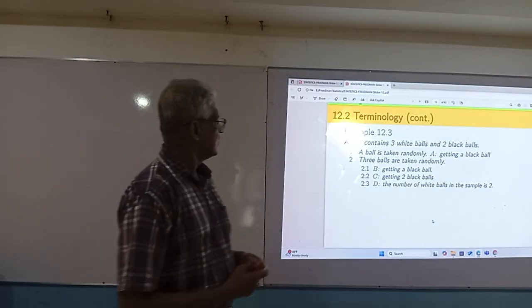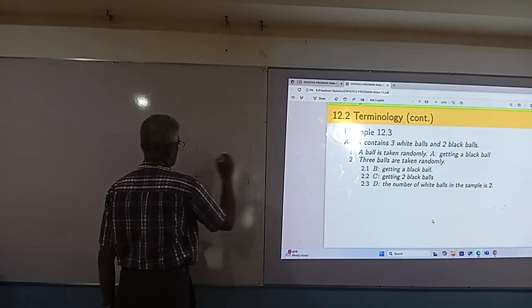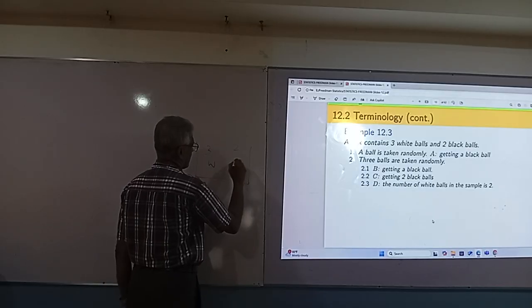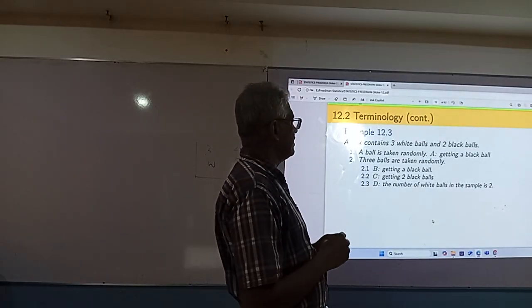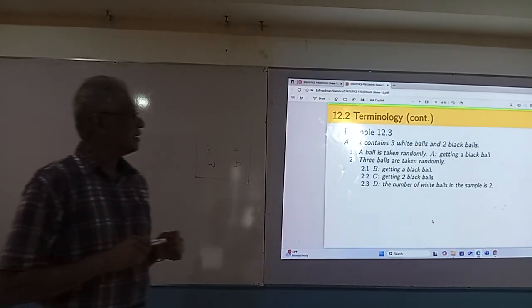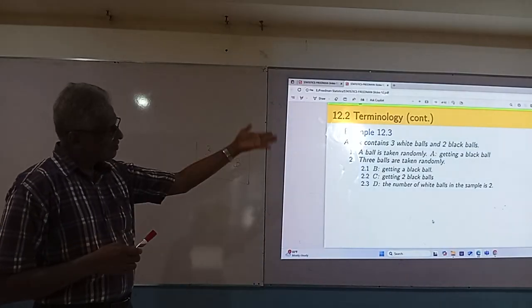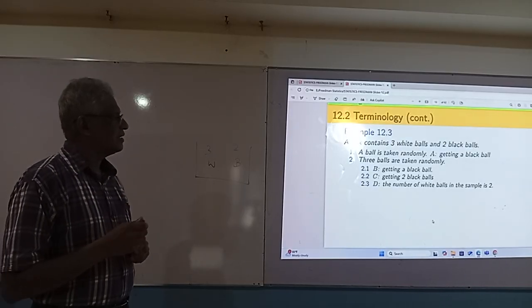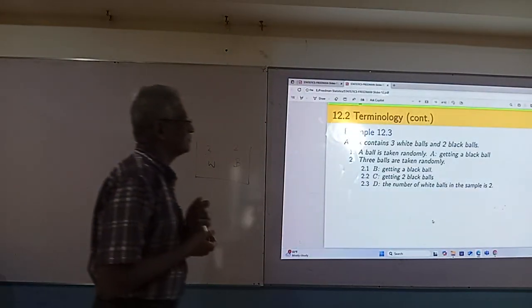Okay, let's look at this one. The box contains 3 white balls and 2 black balls. A ball is taken randomly. A is the event getting a black ball. So here, write down the sample space and then write down the event A. How do you write down the sample space?